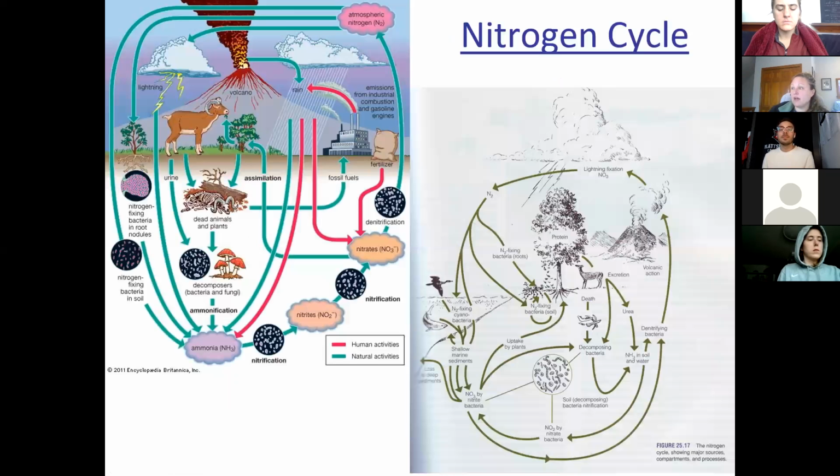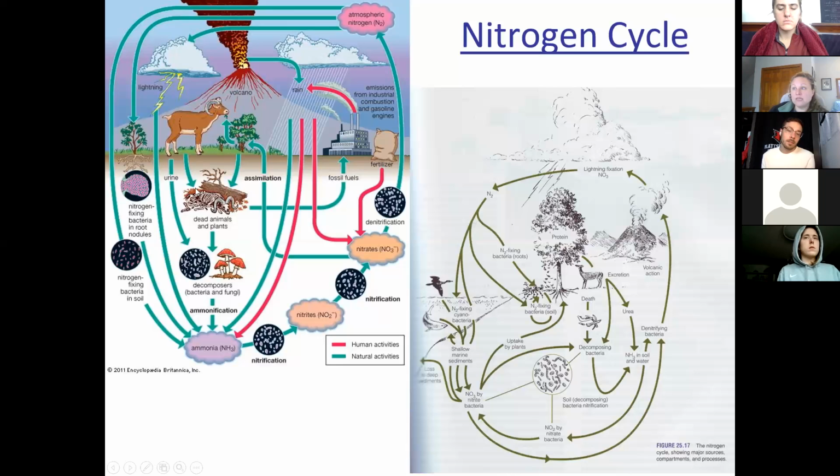Where is this stuff coming from? Now, the majority of the nitrogen that we find is atmospheric nitrogen, or N2 gas, totally inaccessible to anything except bacteria. Besides eruptions that are releasing nitrogen gas, and lightning strikes, which are creating nitrogen compounds, notice where all the action is happening. It's all happening underground.